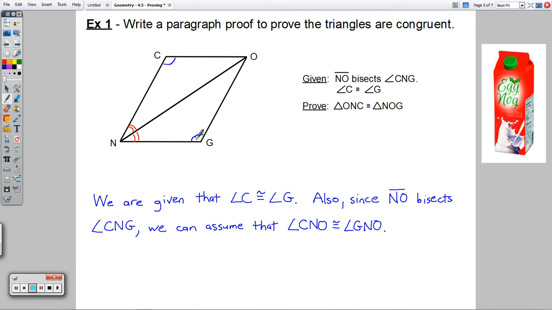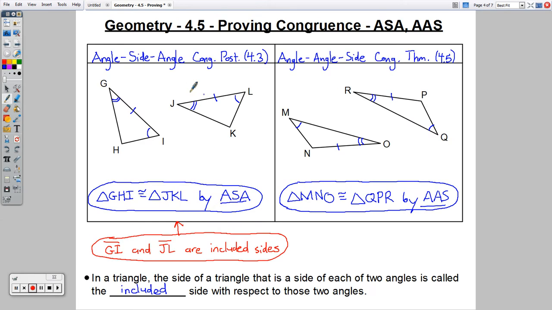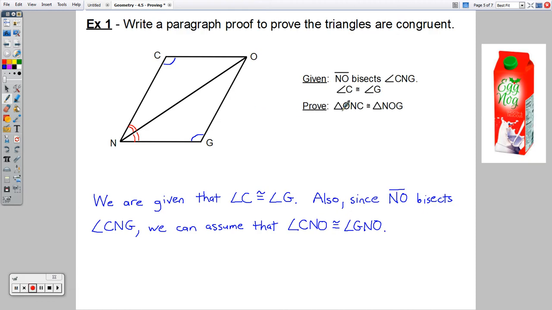So from there, now we have an angle and an angle. We have an angle and an angle. So it seems like I might be using one of these two over here that I just learned about, angle side angle or angle angle side, to prove that these triangles themselves are actually congruent. So ONC, that's this triangle right here, and then NOG, the NOG triangle, is down here. So can I prove that this side would be congruent to this side?